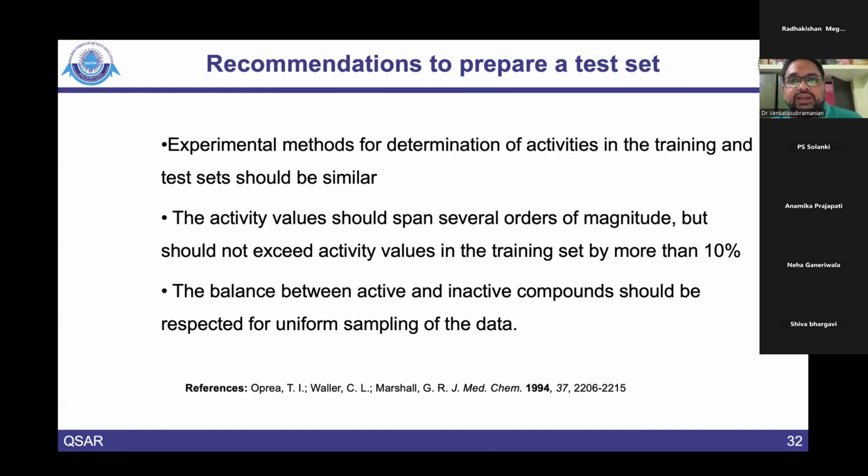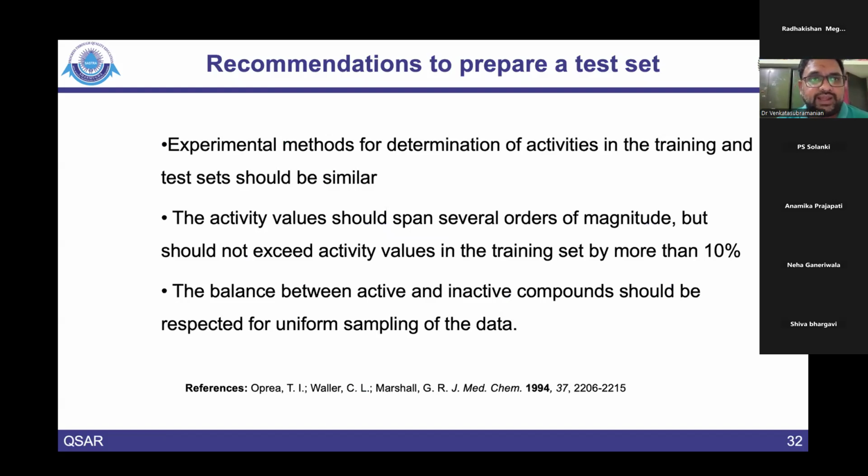So how do we prepare the test data set? You cannot just randomly take the 10%. The test data set should have all types of data. That means you should have different levels of activity, because you cannot have all active compounds.